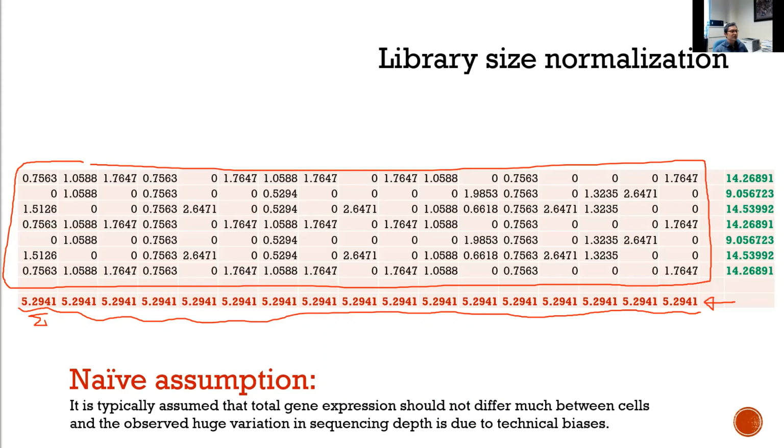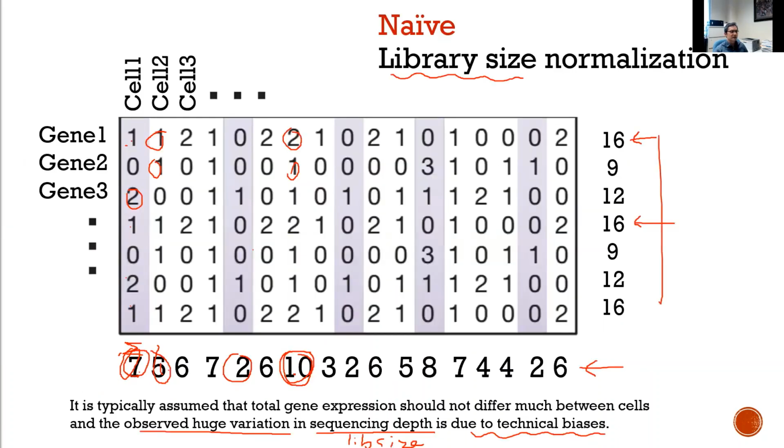After the normalization, you can start to measure the overall gene expression for different genes. The rank looks different from before normalization.